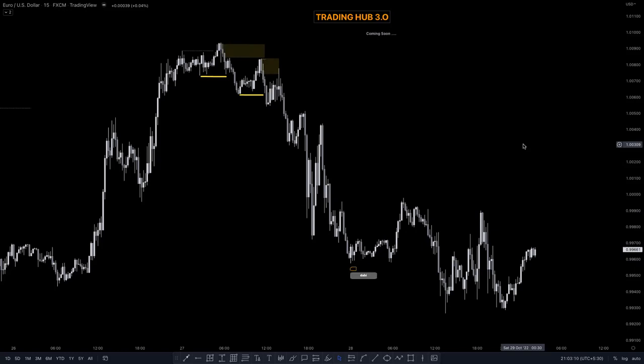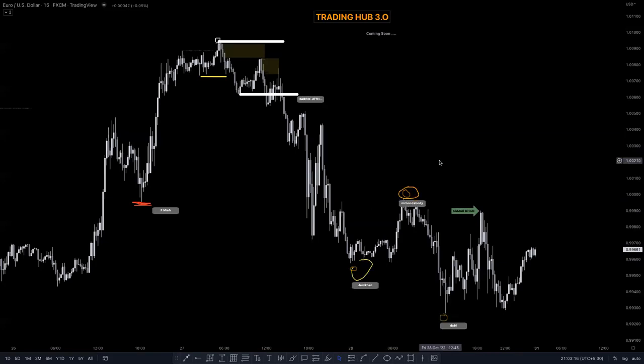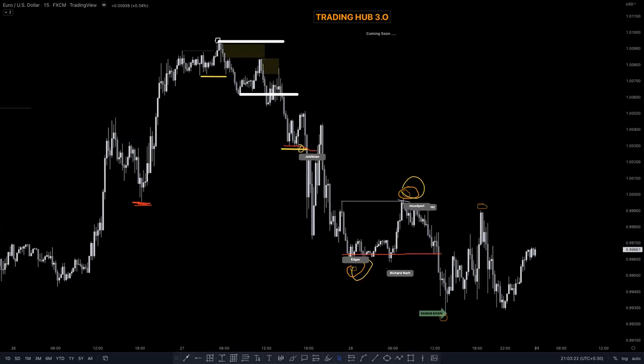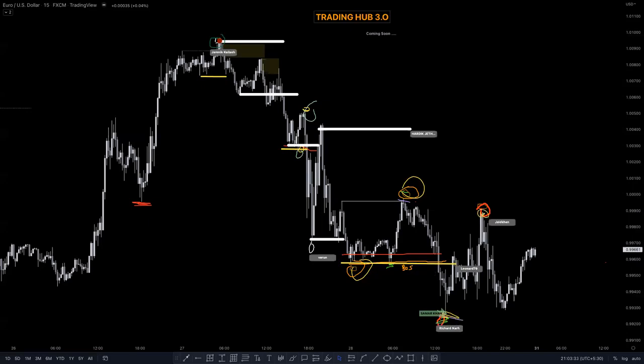Okay, so everyone can annotate here. If you are unable to find the annotate tool, simply tap on the three dot button. Okay, then you will see the annotate option. You can simply tap it and then you can draw on your screen.